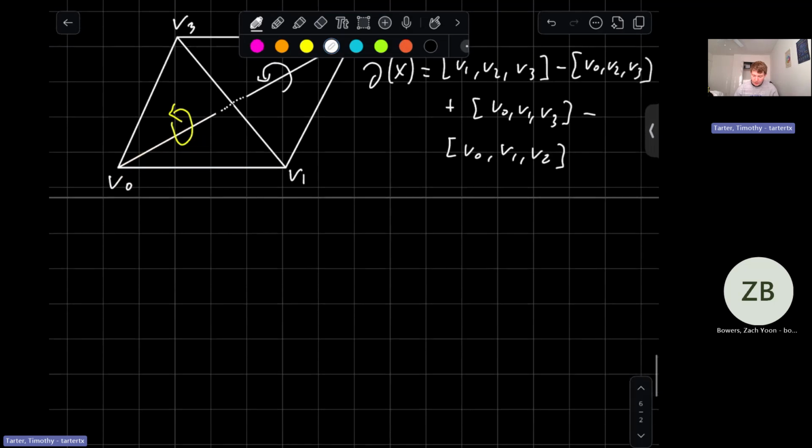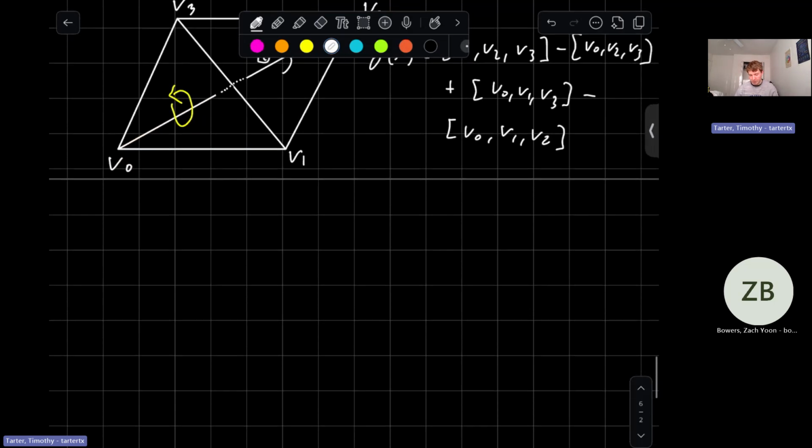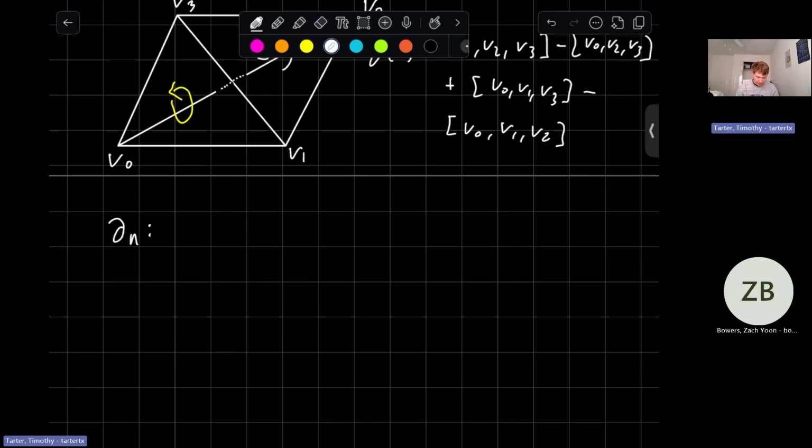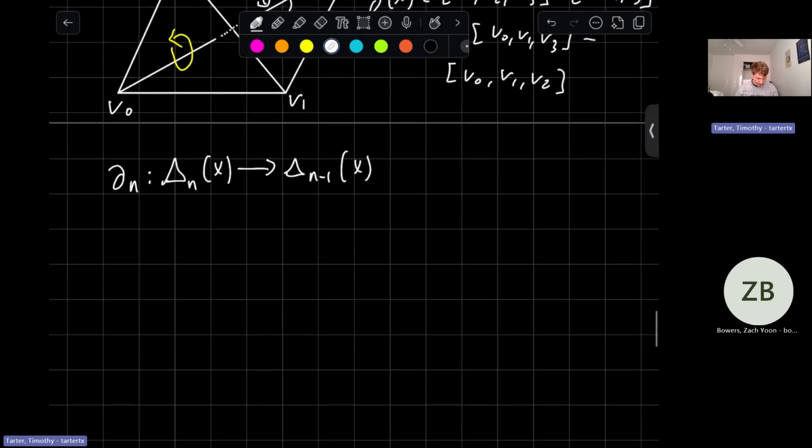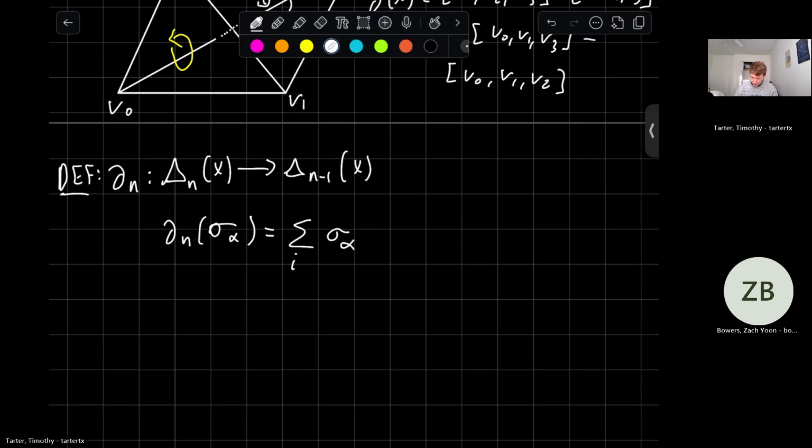So with this geometry in mind, we define for a general delta complex X a boundary homomorphism partial n from the n complex to the n minus 1 complex by specifying its values on basis elements, namely that this looks like the sum of minus 1 to the i of sigma alpha restricted to.